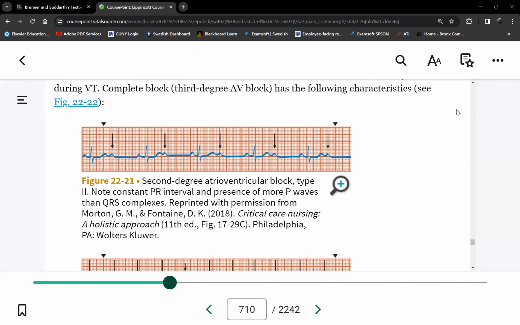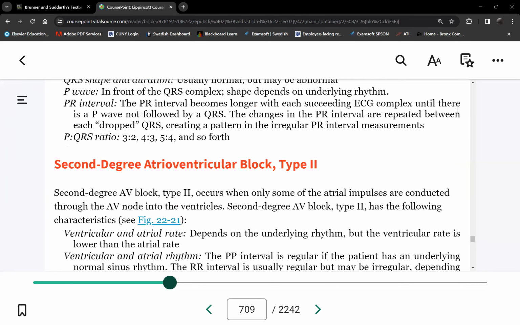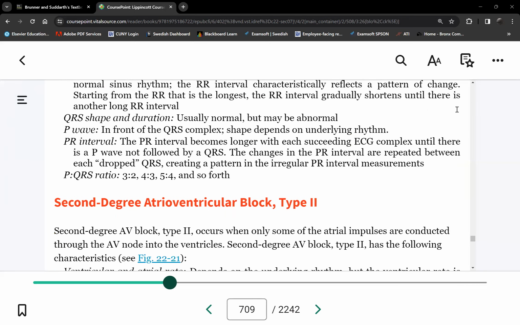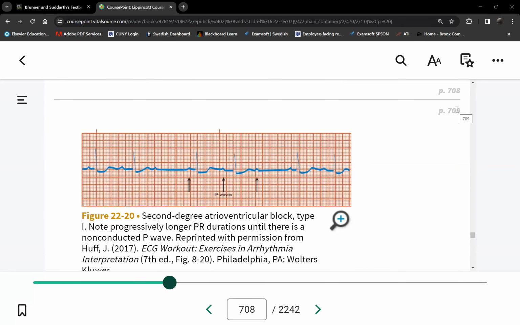So that's type 2. So which one is worse, type 1 or type 2? Type 2 is worse because at least in type 1, there aren't as many missing QRSs. What's the importance of a QRS? What is a QRS again? What's happening when we see a QRS? The contraction.